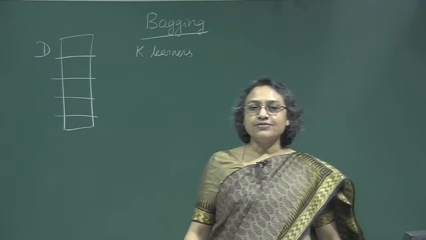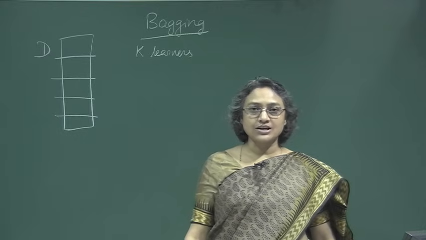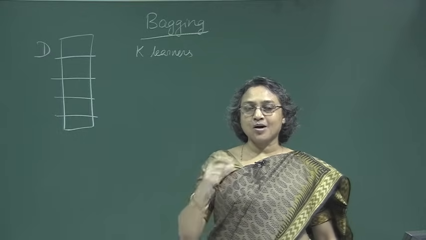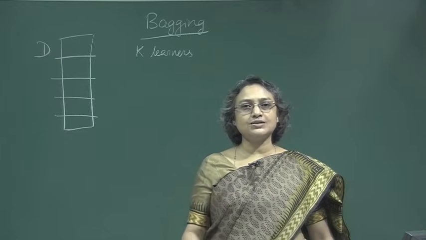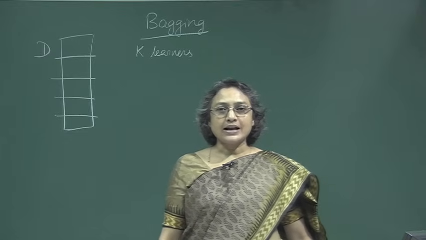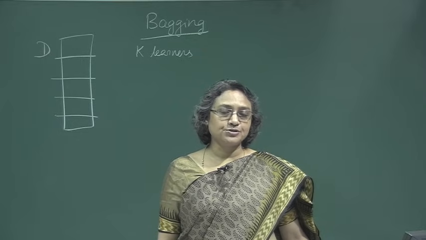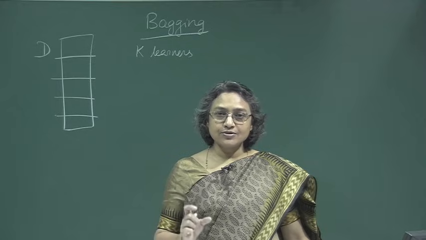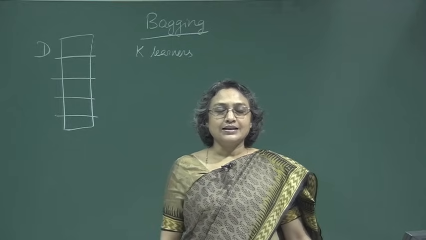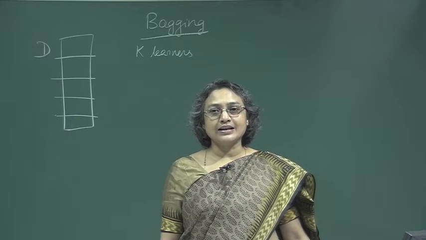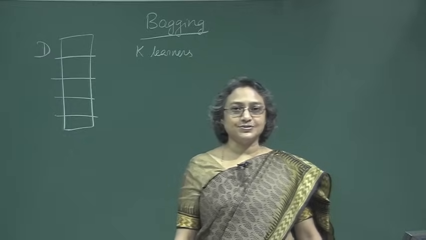However, often the size of the training set is not large. If you split it into k different sets, the individual training sets will be small. And as we have observed while talking about the foundations of machine learning, if you use a learner on a small training set, the learner can overfit, it can have high variance, and it will not generalize well.